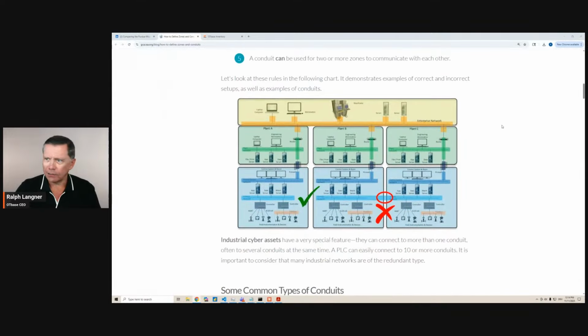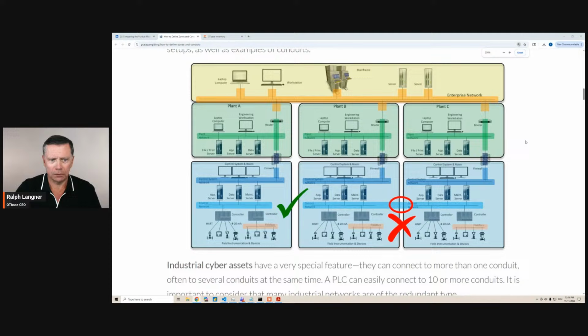And I really like this diagram here because it shows one of the striking differences between Purdue and 62443. This is bad here. That's bad with the red X, and I've pointed that out many times. You must go to east-west segregation, my friends. That is super important.